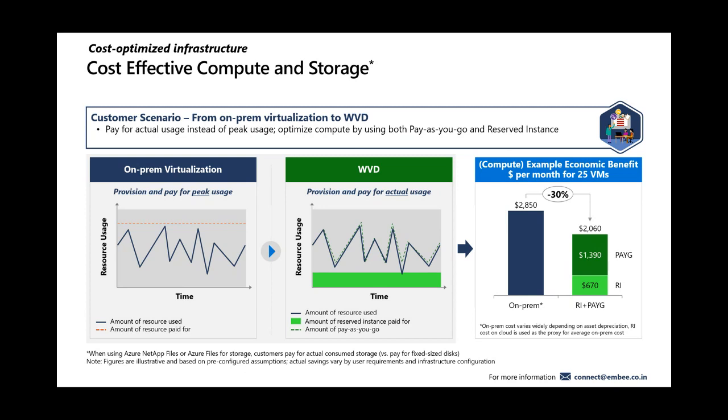This is the additional optimization available within the compute itself in a WVD environment. This is how you can save more cost in Azure. So as a result for compute, you have up to 30% savings on VMs with the optimized mix of RI and pay-as-you-go VMs.